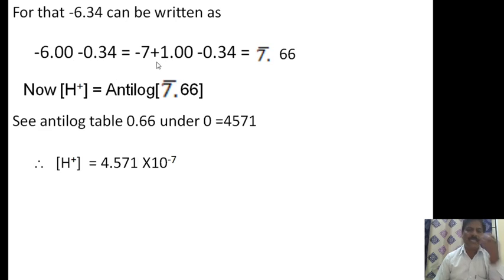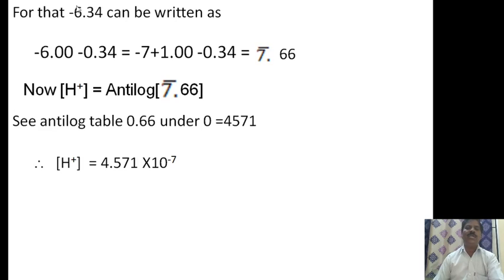Therefore after taking the subtraction, minus 6 can be written as minus 7 plus 1, then minus 0.34. Subtract that from 1, that is 0.66, and minus 7 will be there, which is bar 7. This is a simple calculation.